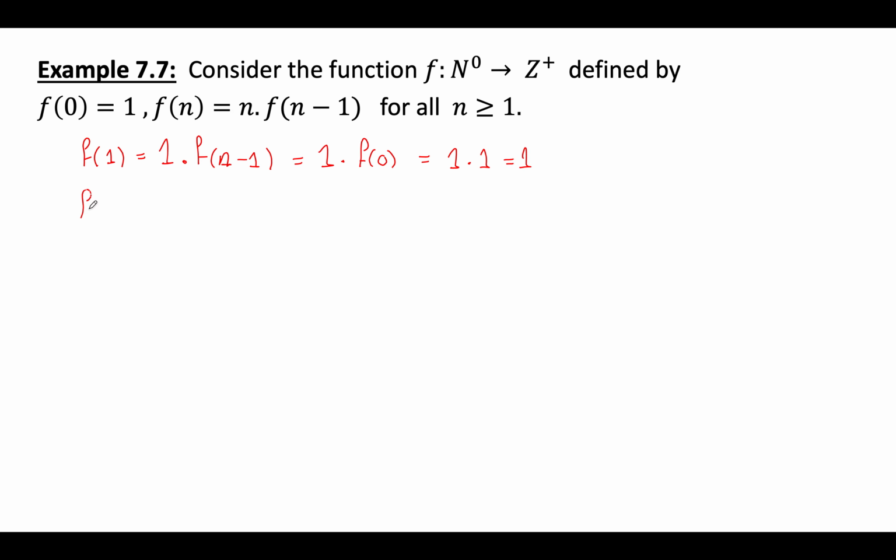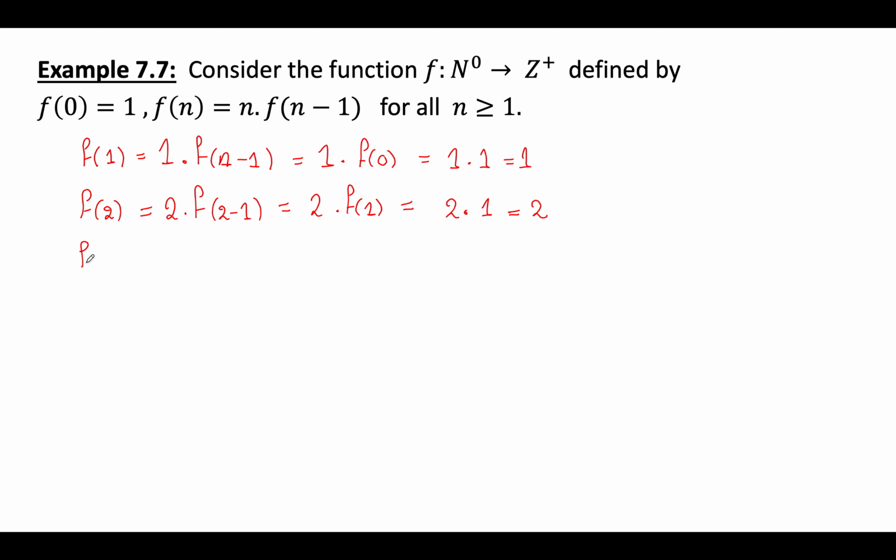Then we move to the second term, which is f(2). f(2) is equal to 2 times f(2-1). So here it is equal to 2 times f(1), and 2 times f(1) is 2 times 1, which is equal to 2.